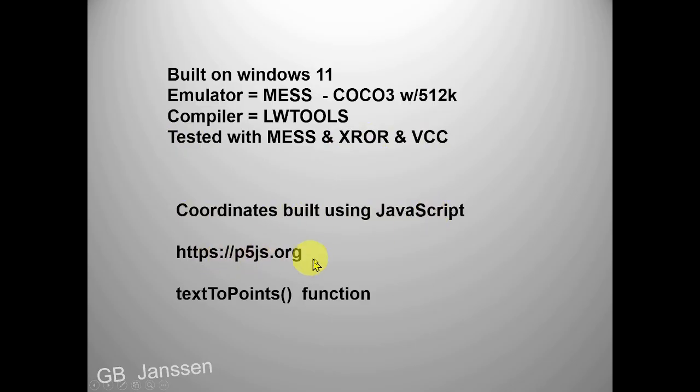Okay, it was something using P5JS, and you can go to this website. It's really a handy site to learn how to do a lot of this stuff, and it's really fun for all the stuff you can do on Windows. Okay, it's quite an interesting site. The function I used off that site was a JavaScript function that they have called textToPoints.